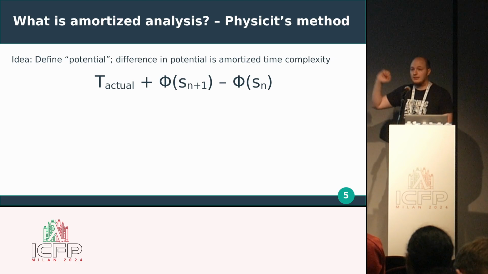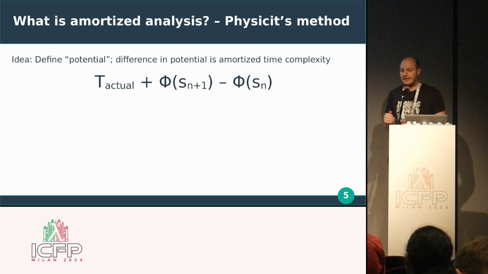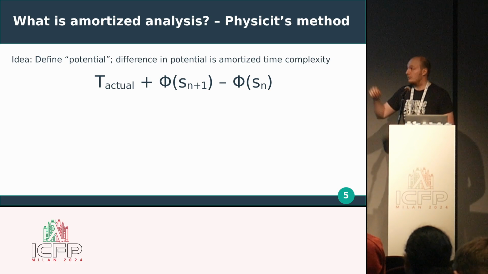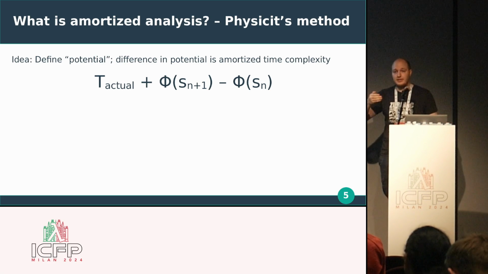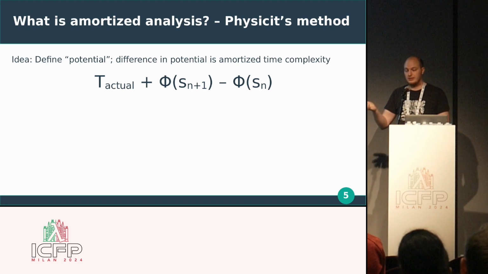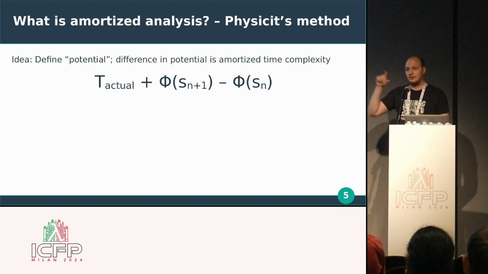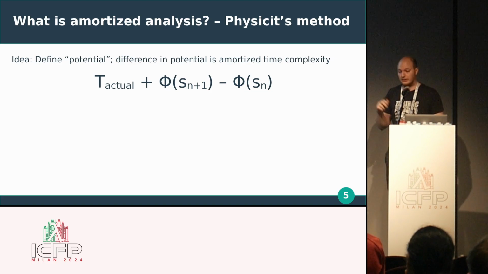It means we will use this equation to calculate our amortized complexity, which is composed of the actual time it takes to do the operation. That's 1 for the push operation in any case, but for multipop it might be different. Then it's the potential after we do the operation minus the potential before we do the operation. So that's exactly this difference in potential that we will use to specify the complexity.